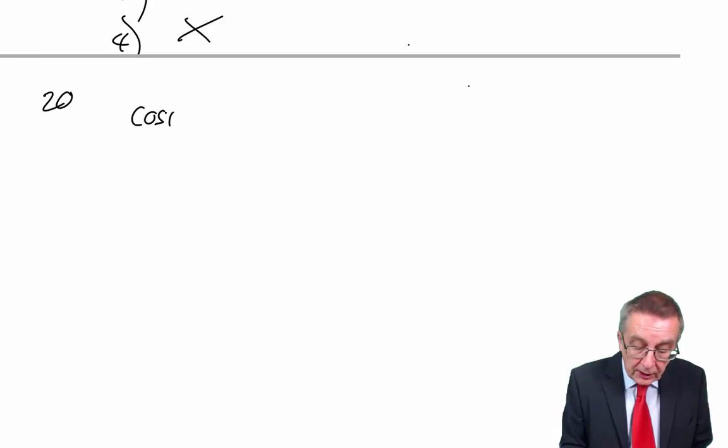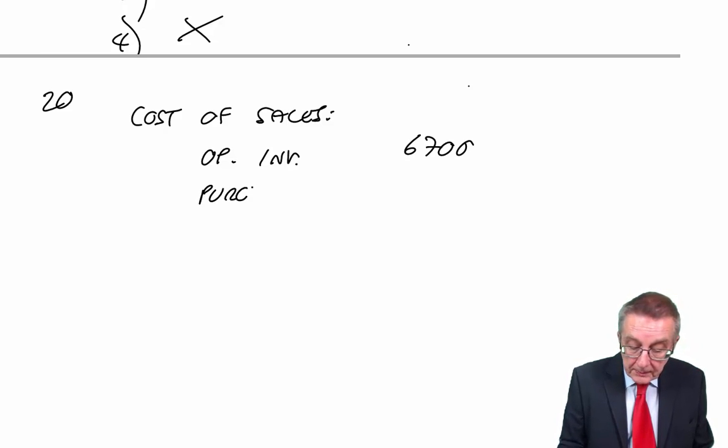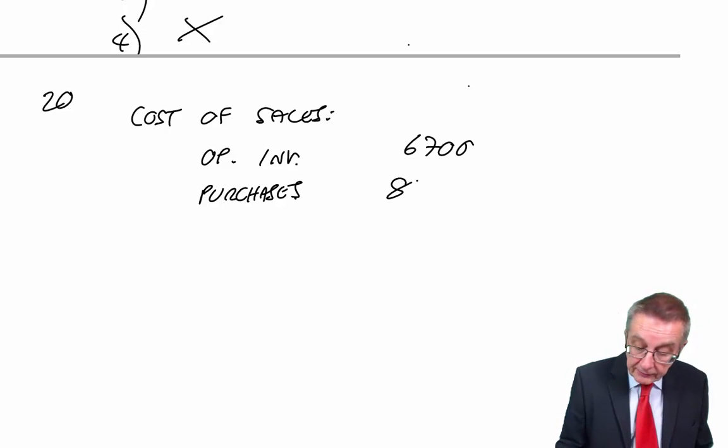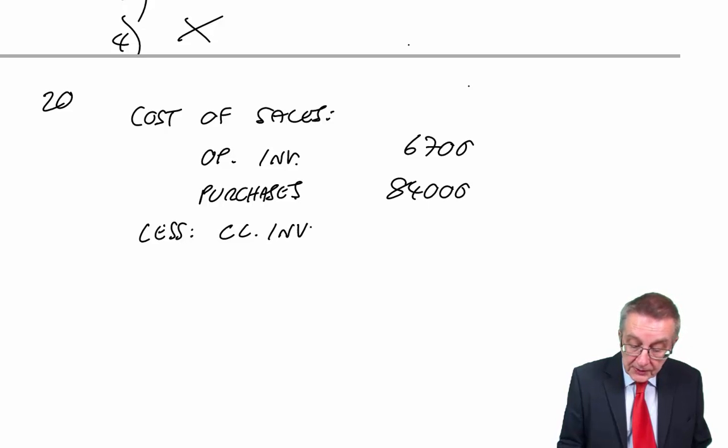Okay, well, what's the cost of what we sold? The cost of what we sold is the opening inventory. The inventory at the start of the year was 6,700, plus whatever we bought during the year. So the purchase is 84,000, less any inventory at the end of the year, the closing inventory, 5,400.